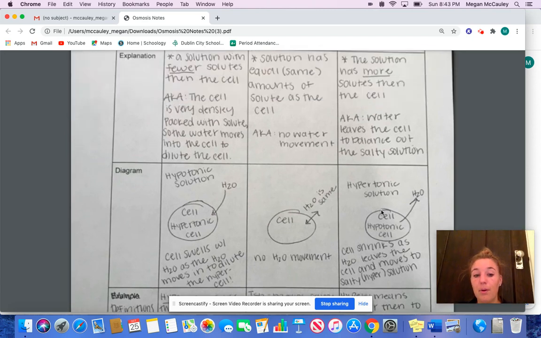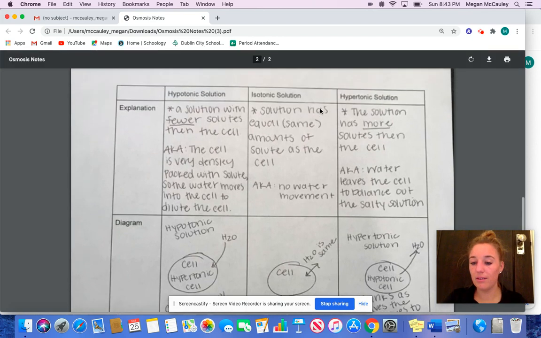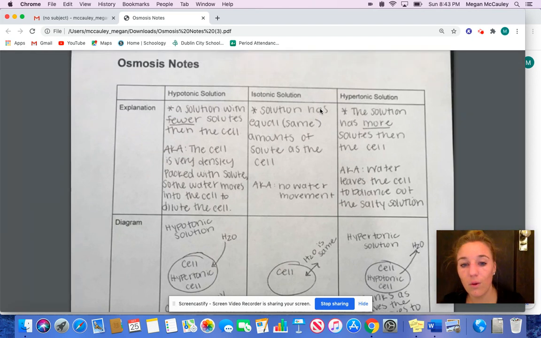Now, hypotonic means less than the cell. It's less salty than the cell. Hypertonic means more salty than the cell. What do you think isotonic means? Isotonic is a solution that has the same amount of solute as the cell, so they're equal. So the water won't move one way or the other.